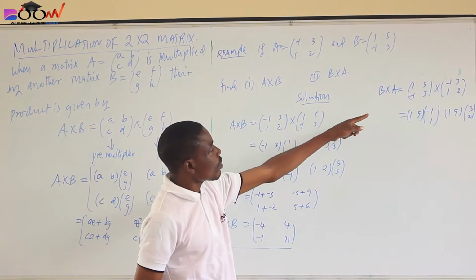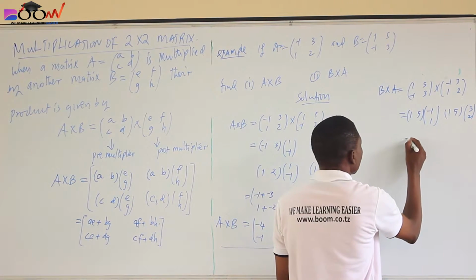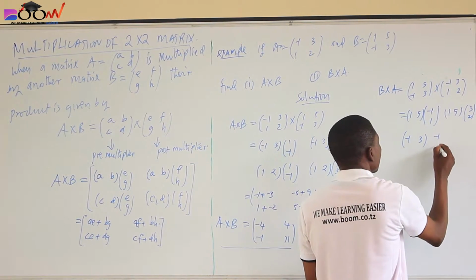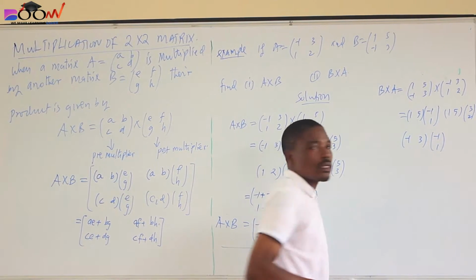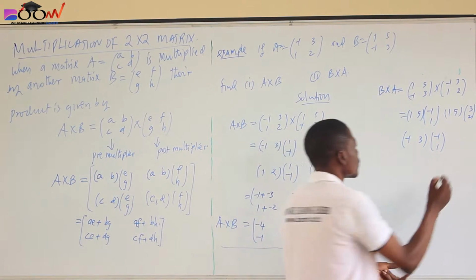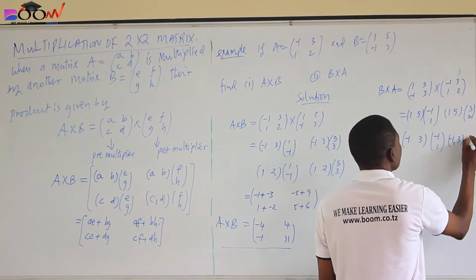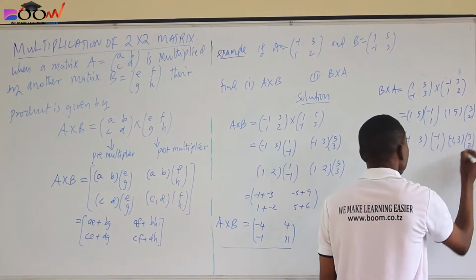The second row, I've got negative 1, 3, which will be multiplied by negative 1, 1. The same negative 1, 3 will be multiplied by 3, 2.